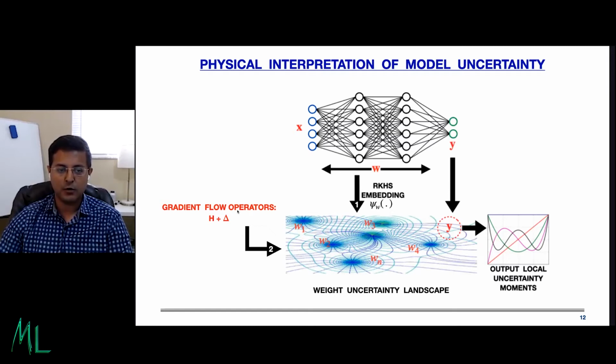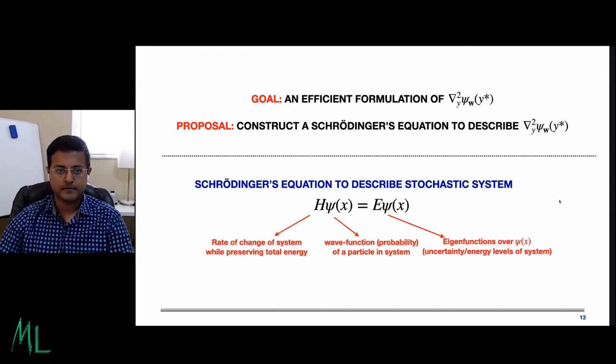So when we evaluate the RKHS embedding upon which the gradient flow operators operate at any point in the output space of the model, we get associated output local uncertainty moments around that output. So this is the basic framework.